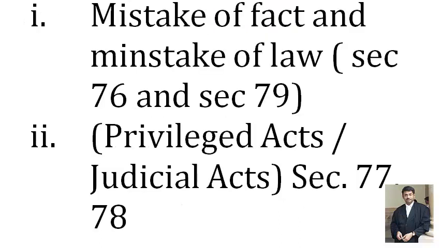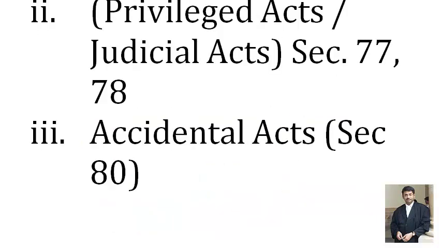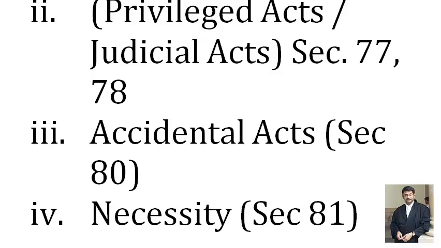The second group is of privileged acts, that is judicial acts, sections 77 and 78. The third group is of accidental acts, that is section 80. The next group is of necessity, that is section 81.